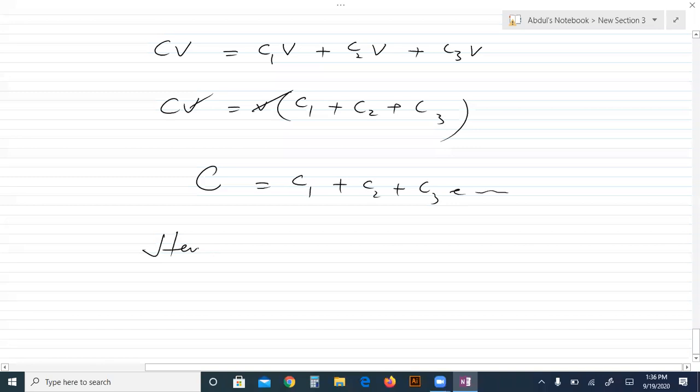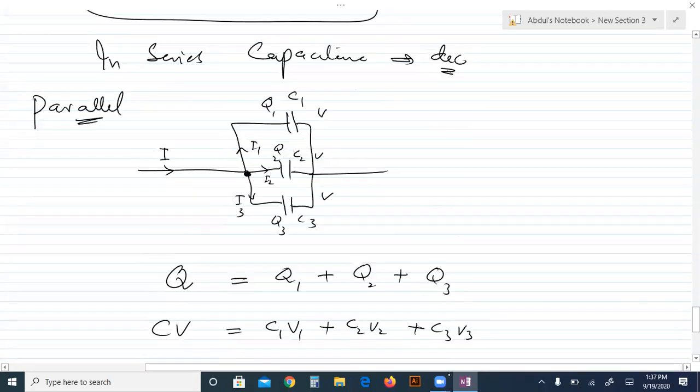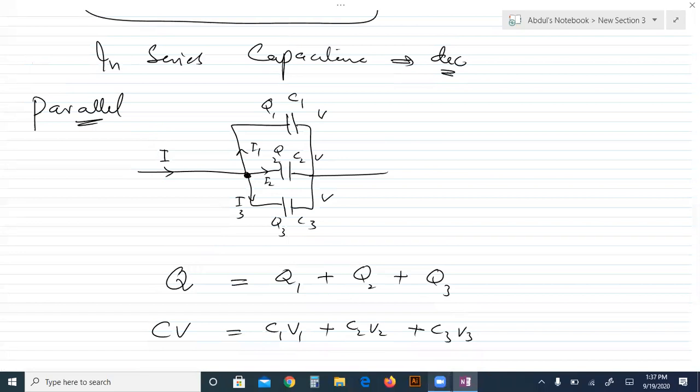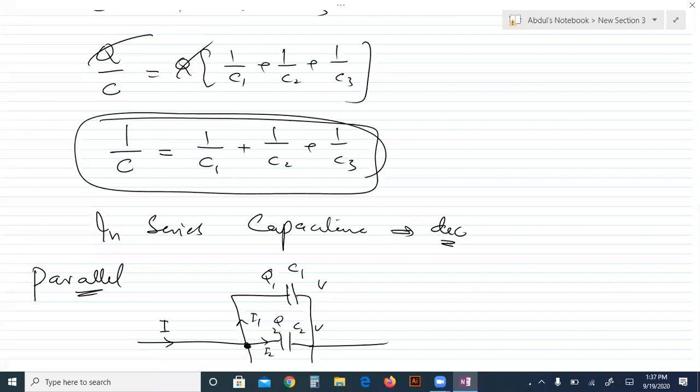Hence, in parallel, the capacitance increases, and in series, capacitance decreases.